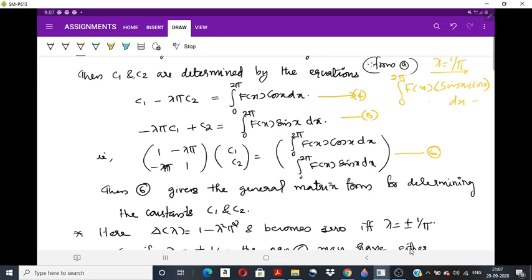If this becomes 0 for f of x equal to x, then this will have infinitely many solutions.